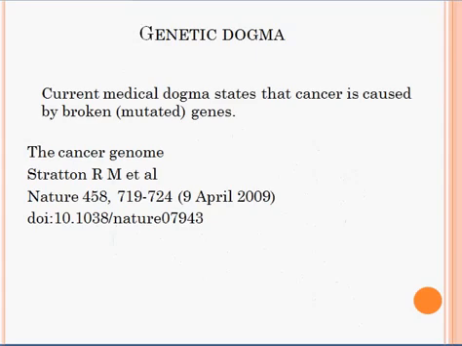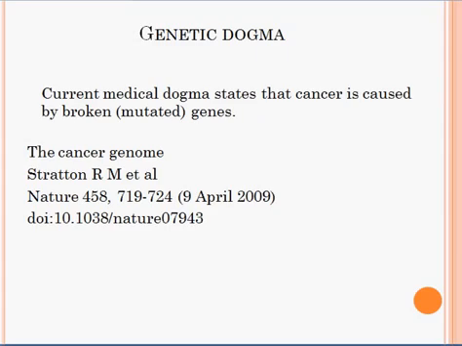Now, what can we learn from the current medical dogma? Current medical dogma does not believe in what I told you, and they say that cancer is caused by broken, mutated genes, and viruses only enhance the break of the genes.